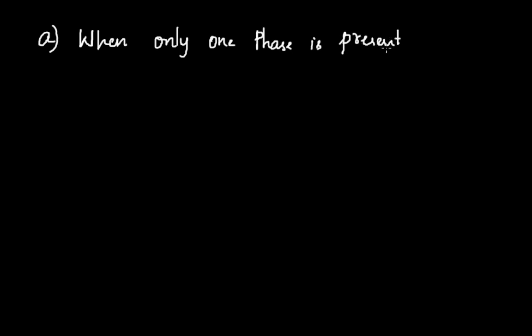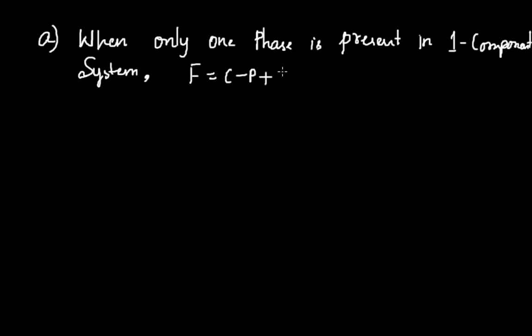A, when only one phase is present in one component system, F is equal to C minus P plus 2.